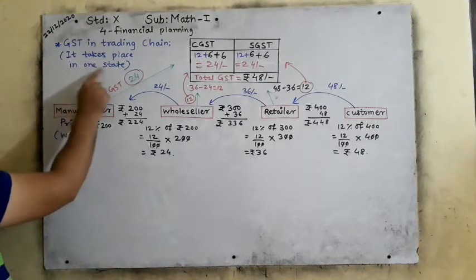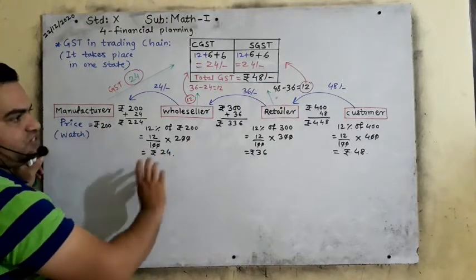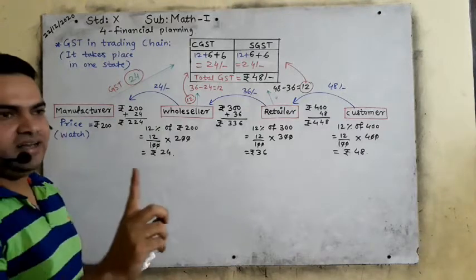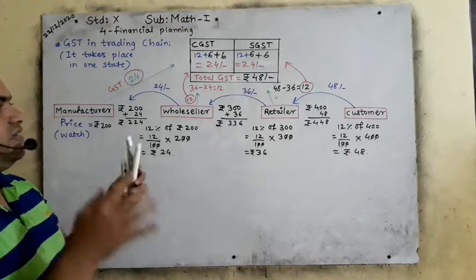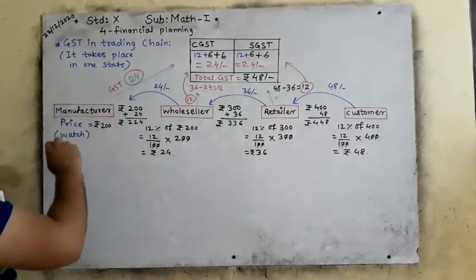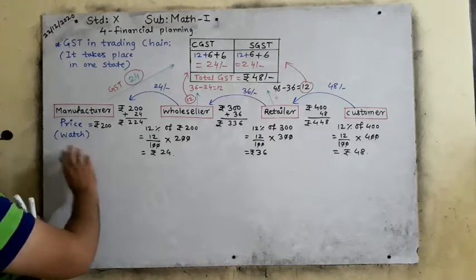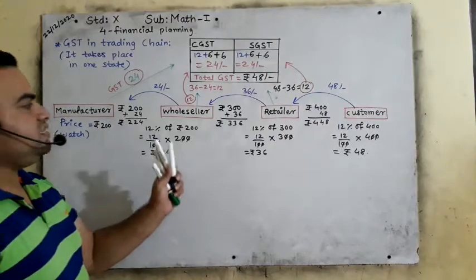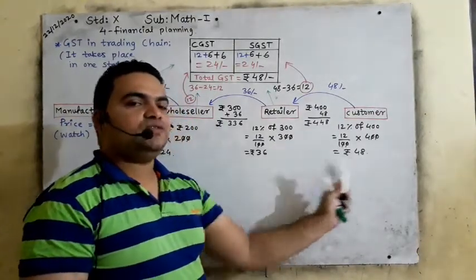This takes place in one state only. This trading chain takes place only in one state. It is not for one state to another state. This takes place domestically, only in one state. See, this is how we will see the transactions take place between all of these: business to business and business to consumer, or business to customer.